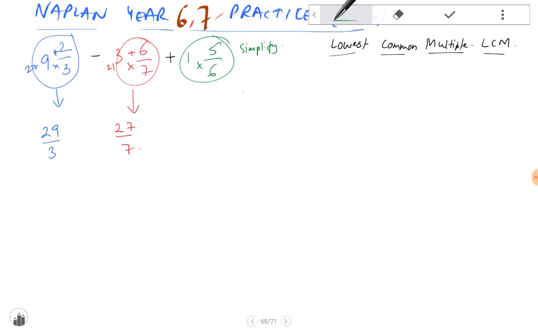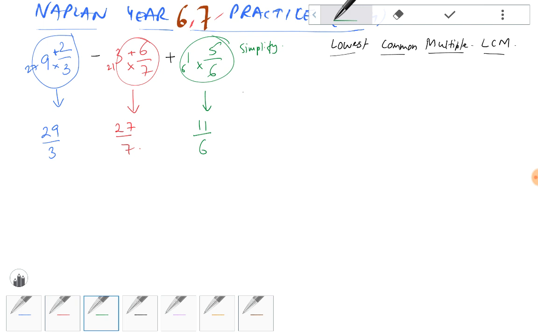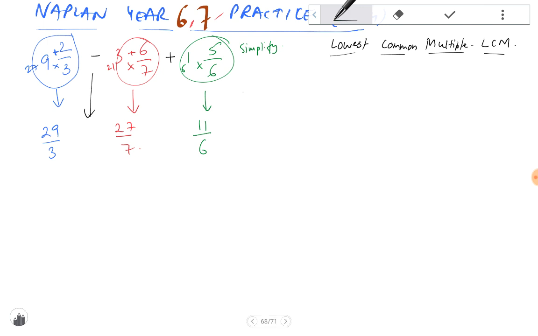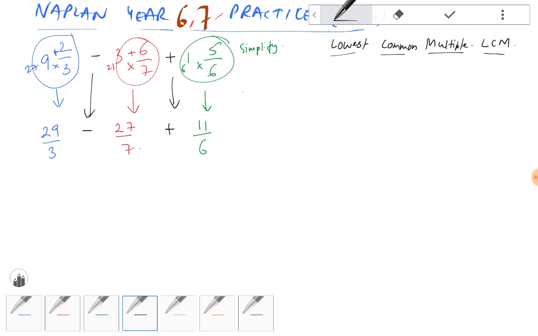And in this case, we multiply 1 by 6, which is 6, plus 5. It should give us 11 over 6. And let's bring down the signs as they are. Negative, positive.